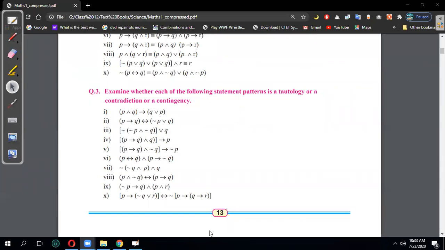Okay, students, for the assignment you are making the same book. Your math book is your assignment book and your assignment is your exercise. Anything else, any doubt? The assignment is given in your WhatsApp group. We are making a separate WhatsApp group for physics and math. Today's assignment is exercise 1.1 and exercise 1.2.